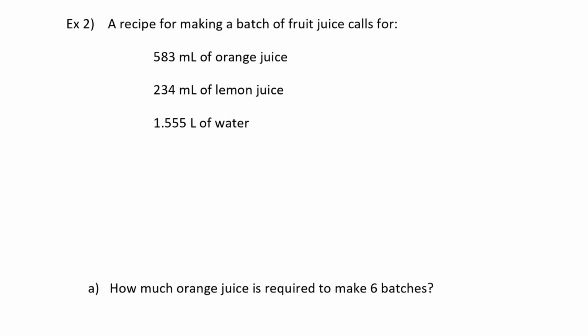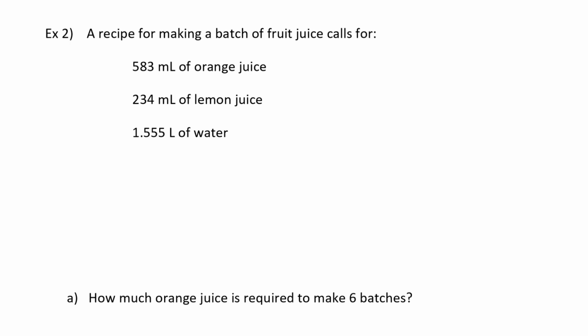Let's look at another example. In this case, mixing a drink. We're going to make a batch of fruit juice. We're going to take 583 mils of orange juice, which I'll call OJ. We add to that 234 mils of lemon juice.